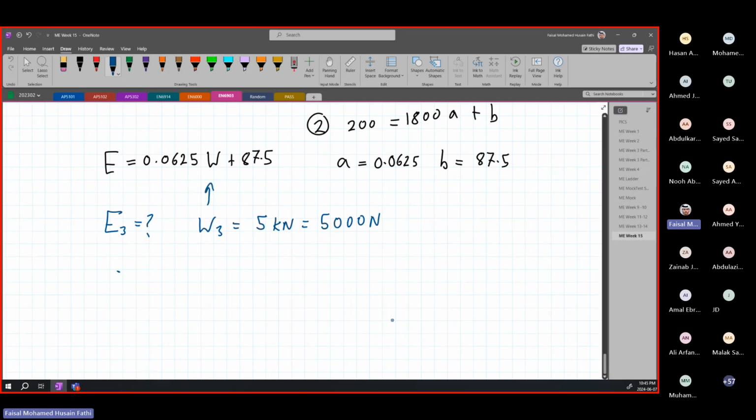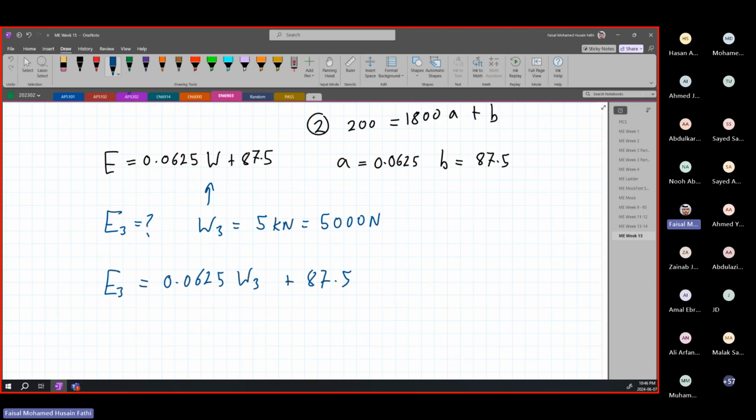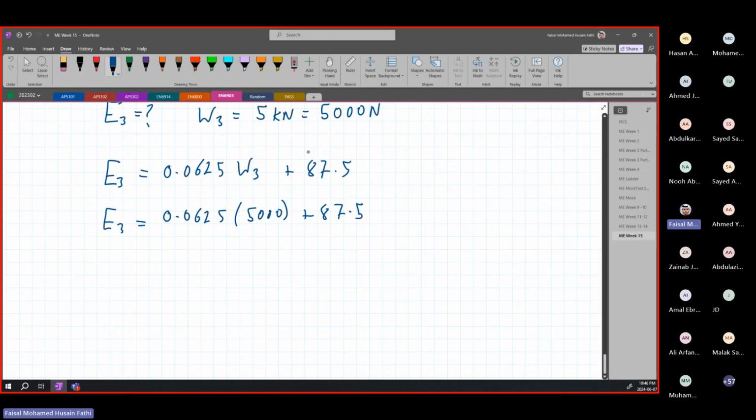So we'll get E3 is equal to 0.0625 times W3 plus 87.5. Meaning E3 is equal to 0.0625 times 5,000 plus 87.5. Put this into the calculator, you'll find that E3 is equal to 400 newtons.